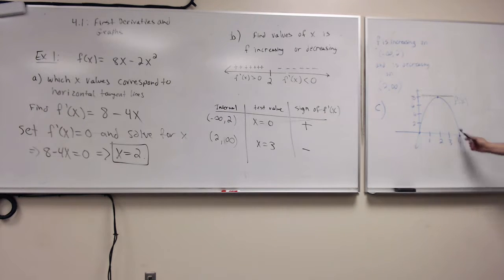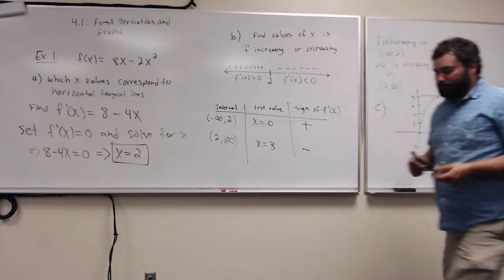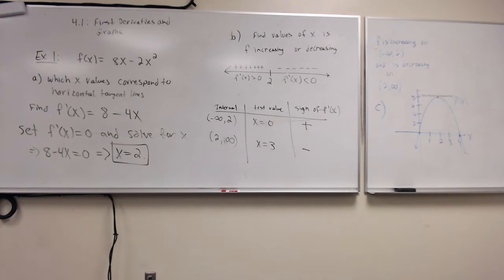And then we plugged something to the left of 2 into the derivative. Since the derivative was positive, I knew the graph was increasing. And then you plug something greater than 2 into the derivative, you got a negative, which means the function to the right of 2 is decreasing. Okay. All right. Is that okay?